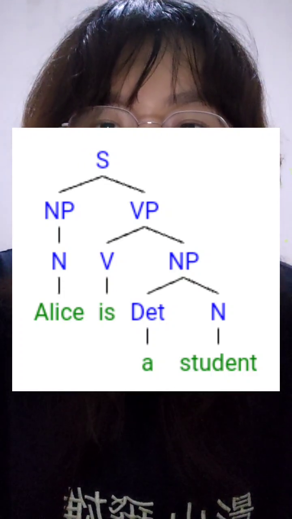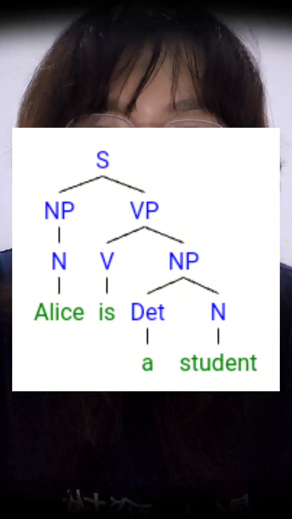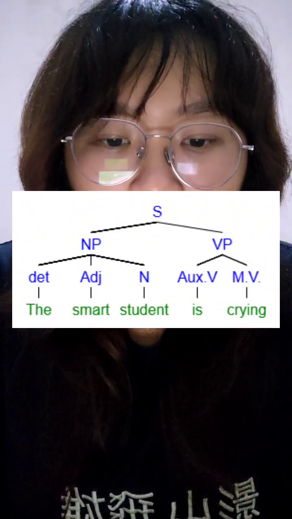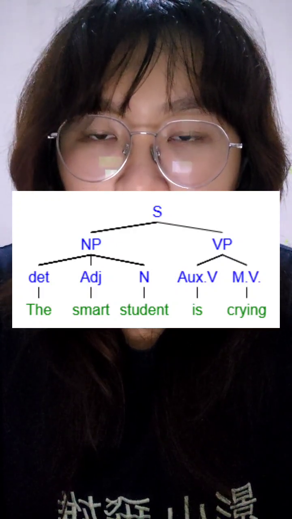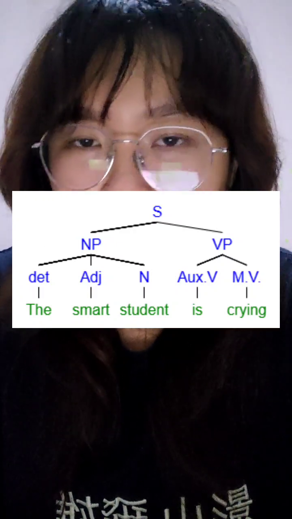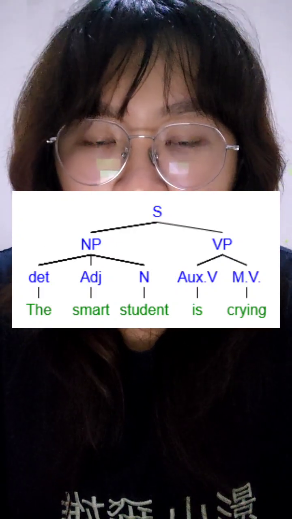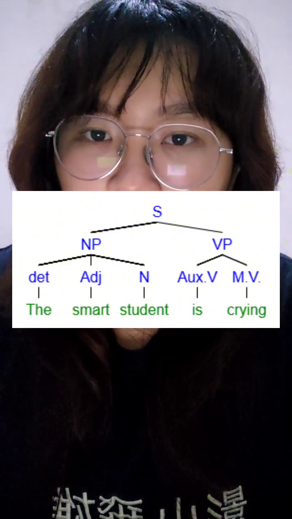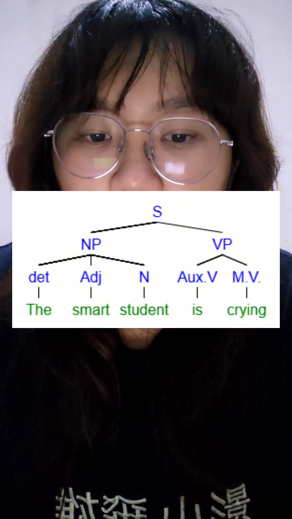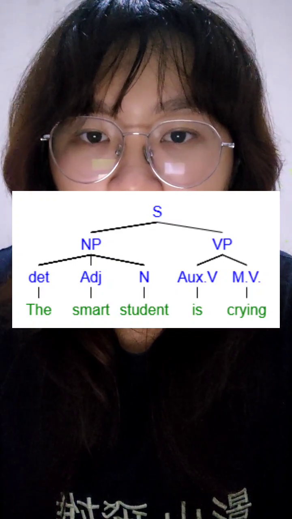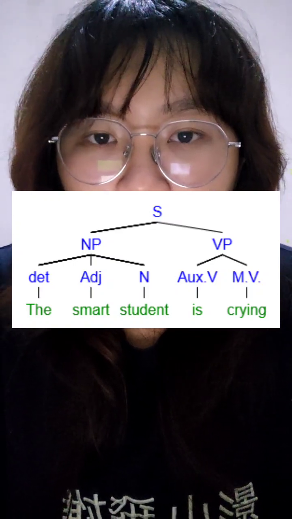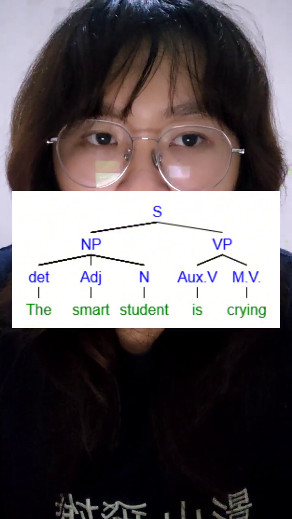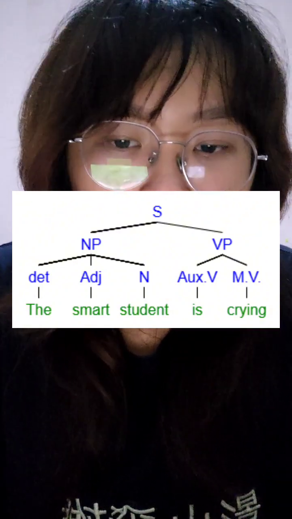Okay? Now let's move on to the second sentence. This time, as you can see there, and then there is crying. We have the auxiliary verb now. But remember, to put an auxiliary verb in a syntax tree diagram, you have to see if the sentence has a main verb or not.